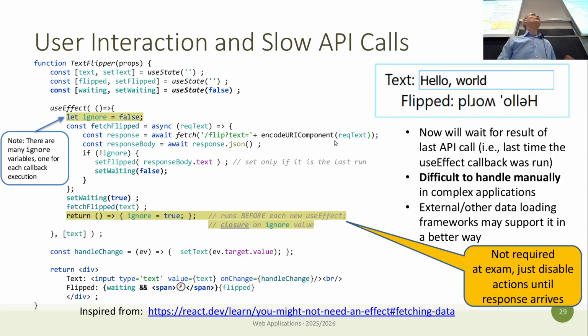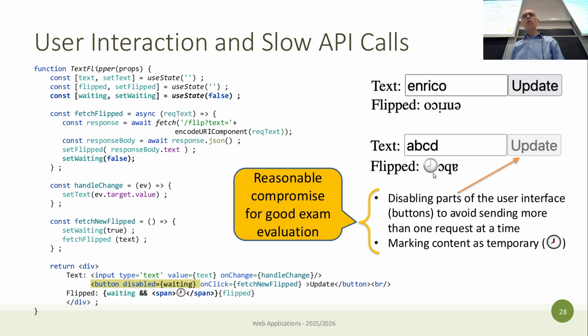So let's go back to something you can do for the exam instead. Fixing the issue that we have is not easy. We should change the user interface a little bit.